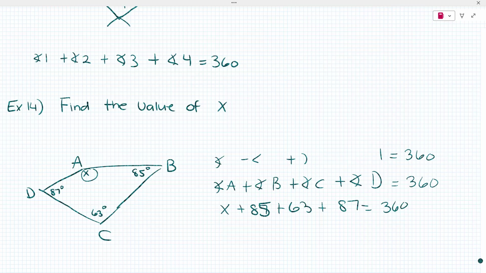So what would be angle x? It would be 235.